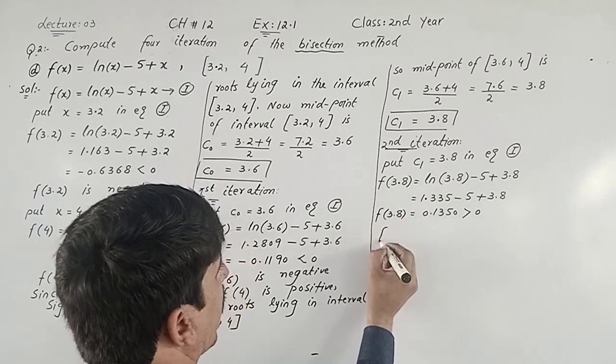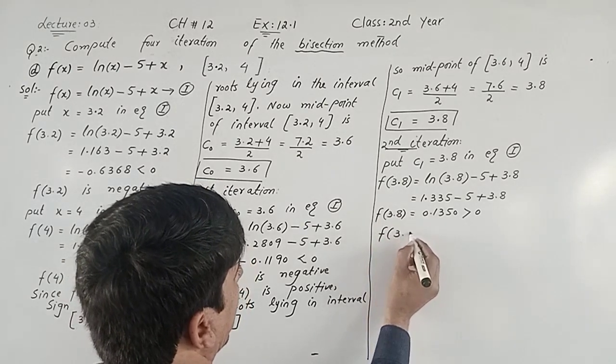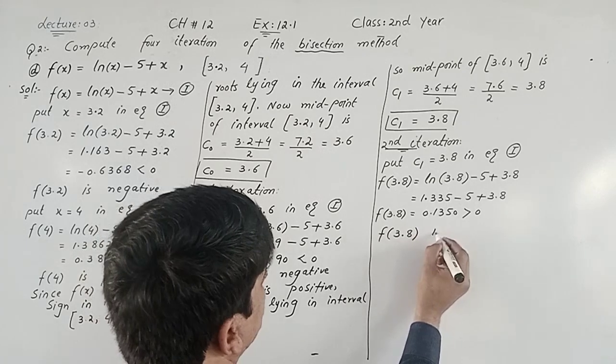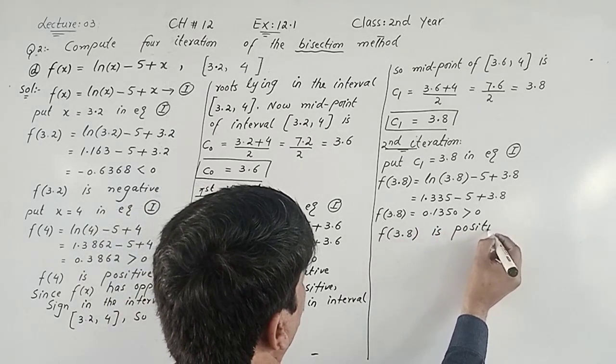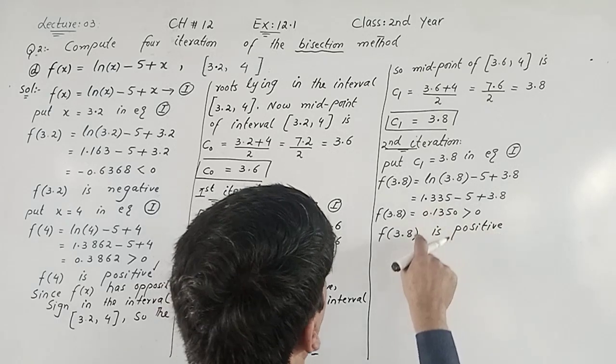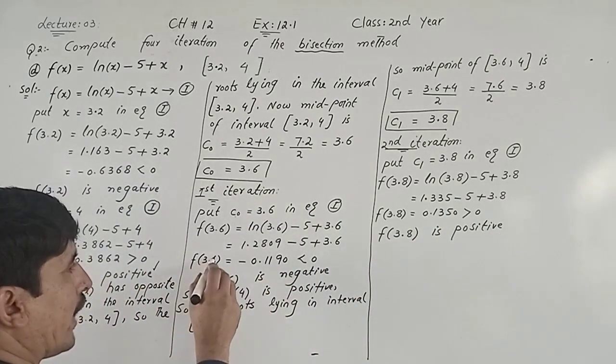Means f(3.8) is positive. अब इसका जो अपोजिट साइन है मींस नेगेटिव, वो हमने लेना है, वो हमारे पास है 3.6.